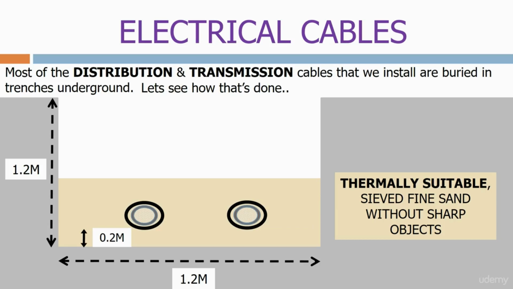We then have another layer of thermally suitable sand. Next we have the remaining single core cable. Then we have a final layer of sand. The cables are spaced equal distances apart. The angle between the cables is 60 degrees. A trefoil arrangement.